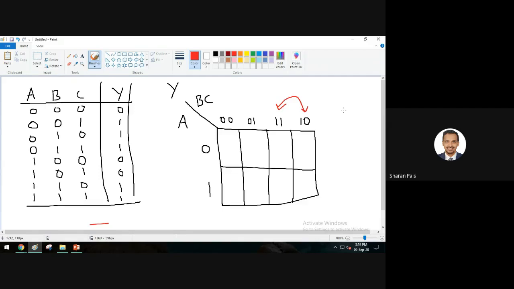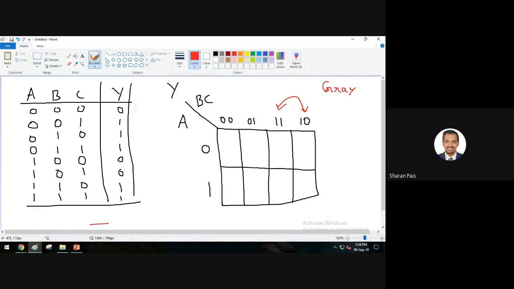In the Gray code system, if you take two values, there should be only one bit difference. Such a number system we are following, that is the Gray code. In that, 0, 0, then 0, 1, then 1, 1 comes, then 1, 0 comes. Fine. So now put the values.